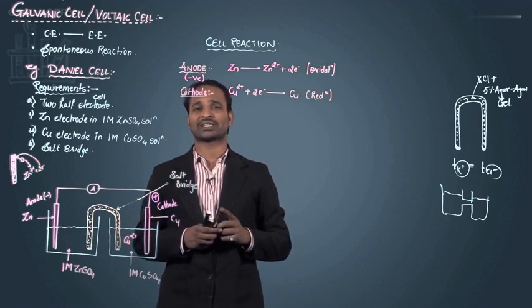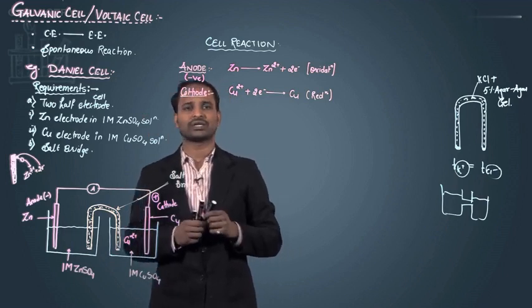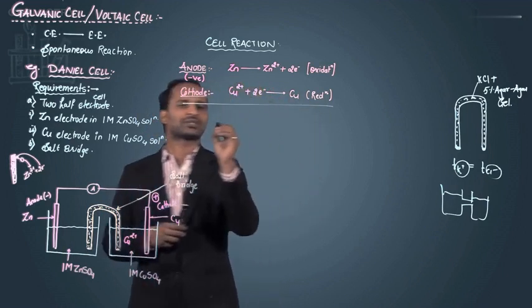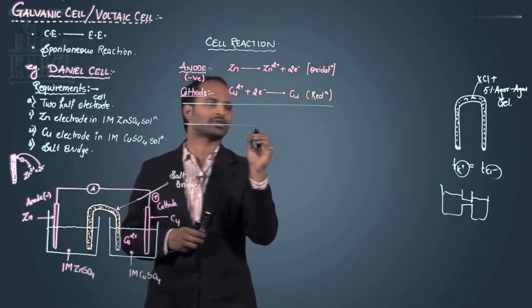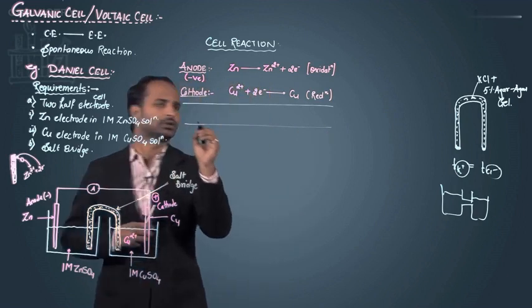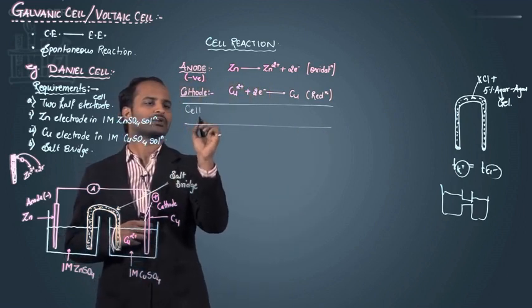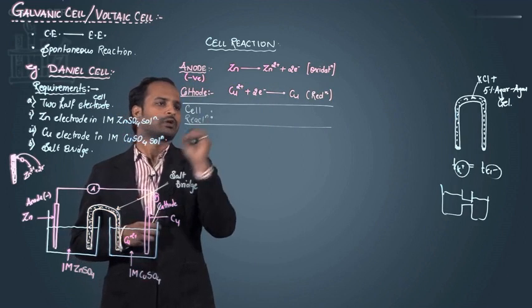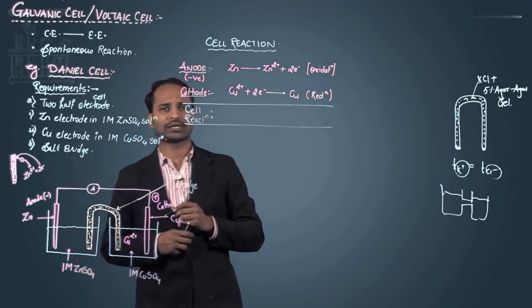And here I want the cell reaction, that is the overall reaction. To get the overall reaction, just add both the reactions taking place on the anode and cathode. During addition, the electrons should get cancelled with each other.